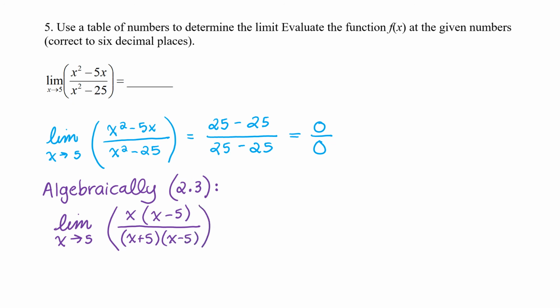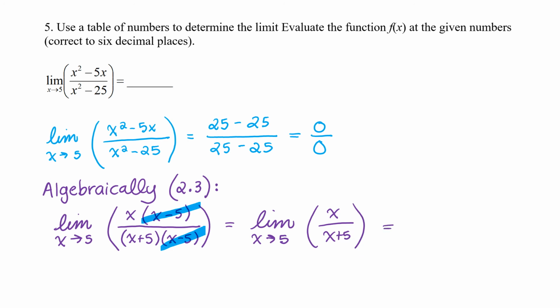And now when we see this, these x minus 5s will divide out. So we have that this is equal to the limit as x approaches 5 of x over x plus 5.